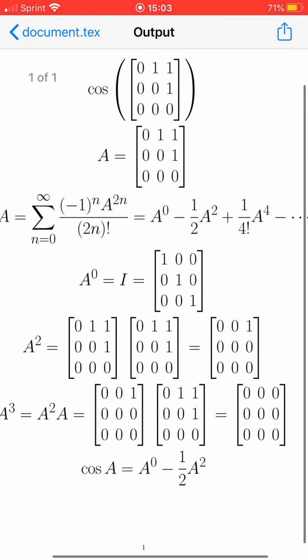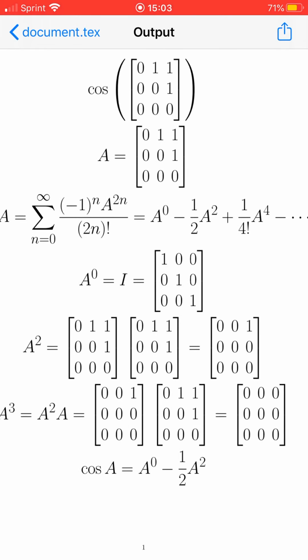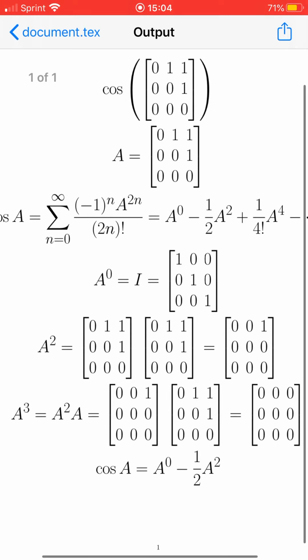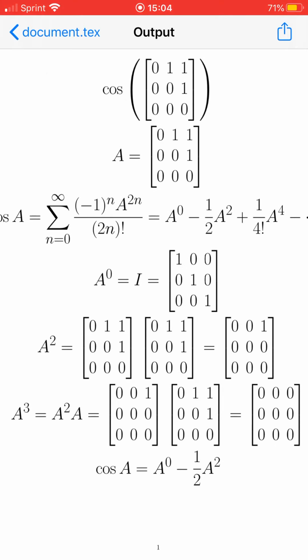Because all of the other terms from a to the 4th power, a to the 6th power, and a to the 8th power, and so on vanish, the only two terms that matter here is cosine of a is equal to a to the 0th power minus 1/2 times a squared for this particular matrix A that we're using in this problem.